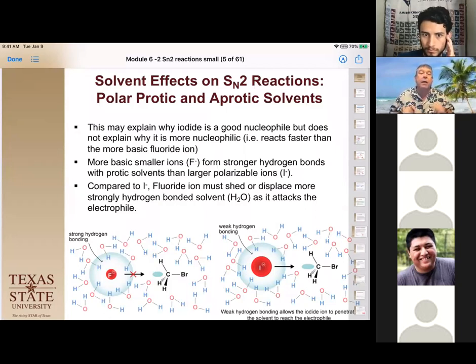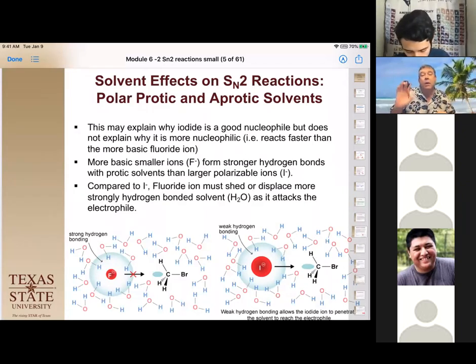Then we have what we call aprotic solvents, and they are typically polar aprotic solvents. Aprotic solvents means they do not have a hydrogen bondable atom on the solvent. Okay, so that's the 2 big differences here. So we have a polar protic, water, alcohol, acetic acid, and then all the other solvents. And we'll talk about some of those in a moment.